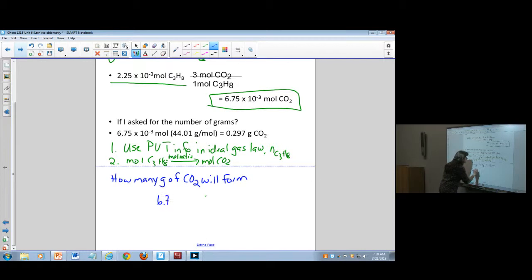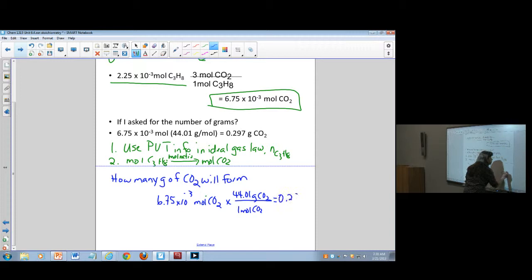This would be 6.75 times 10 to the negative 3 moles of CO2 times the molar mass, 44.01 grams of CO2 for every 1 mole of CO2, and therefore I would expect to get in my experiment 0.297 grams of CO2. So this is an extension, a little extra.